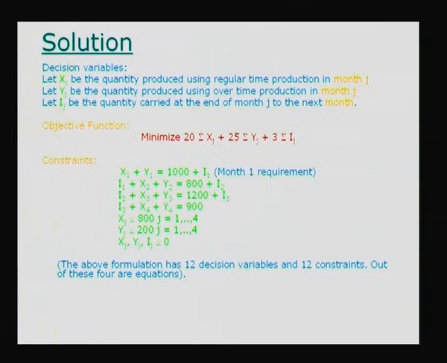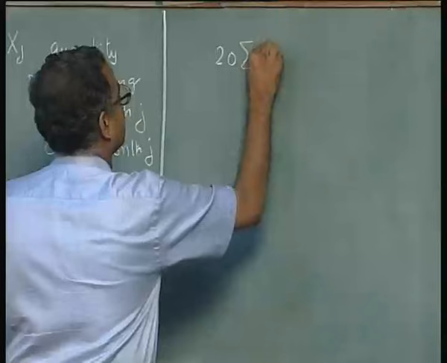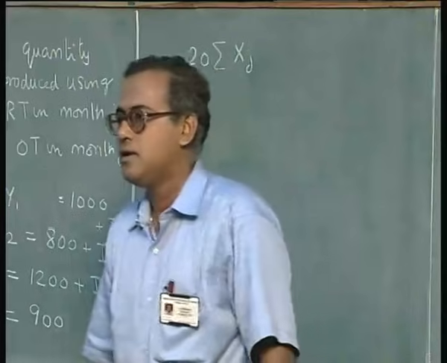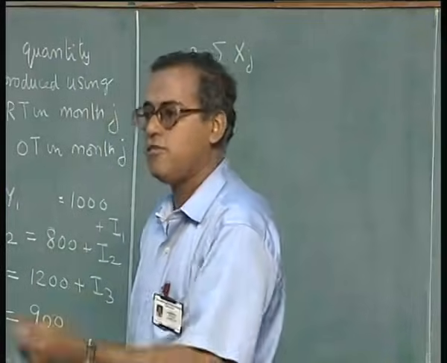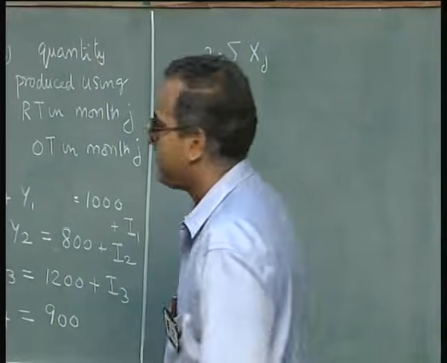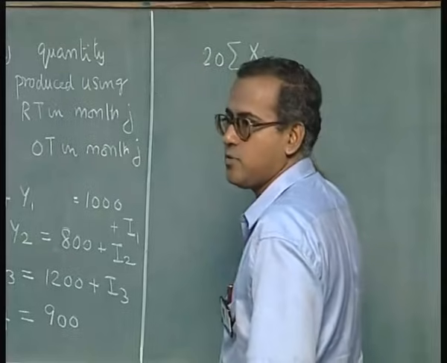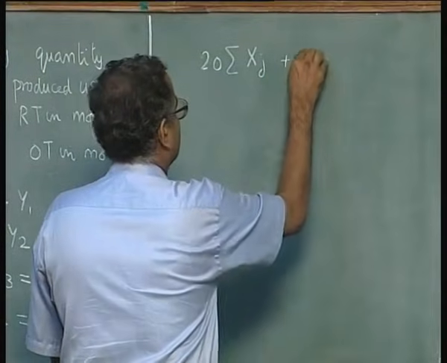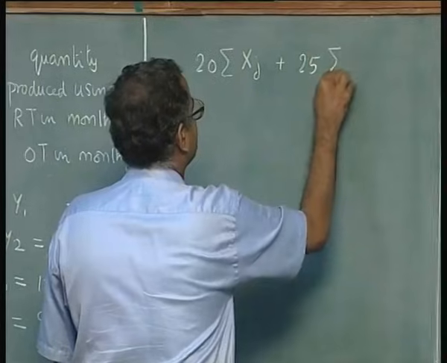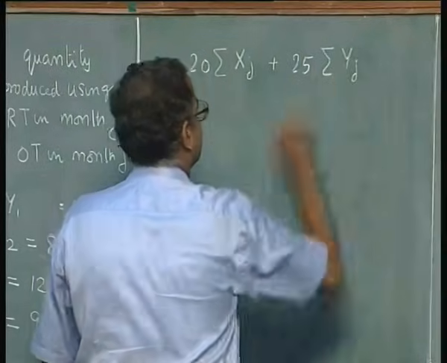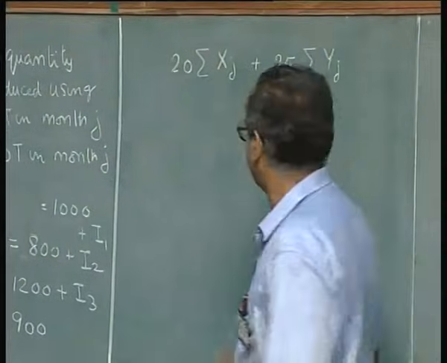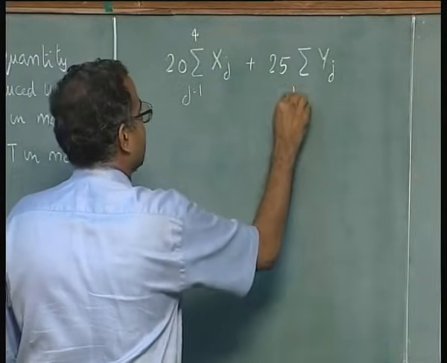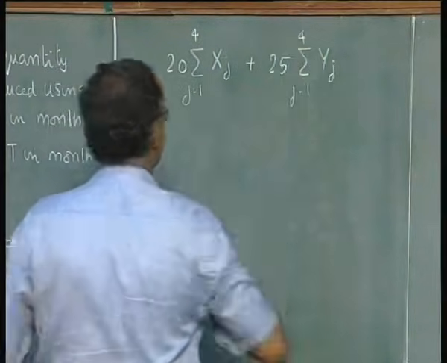So, 20 into sigma xj, where sigma xj represents the total quantities produced in the 4 months using regular time. So, 20 into x1 plus x2 plus x3 plus x4, plus 25 into the overtime production yj. In fact, you could say j equal to 1 to 4 in both sums.